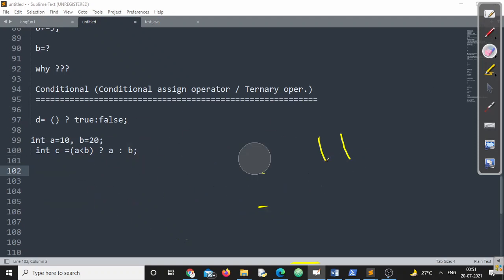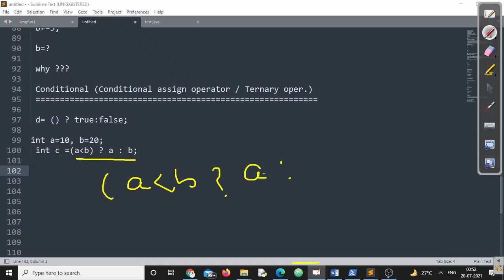Remember that point. Now, the next point: there might be times when I require a nested ternary operator also. How can that be possible? I can write A less than B, question mark A, and I am writing colon again. Here I can also put one more parenthesis.